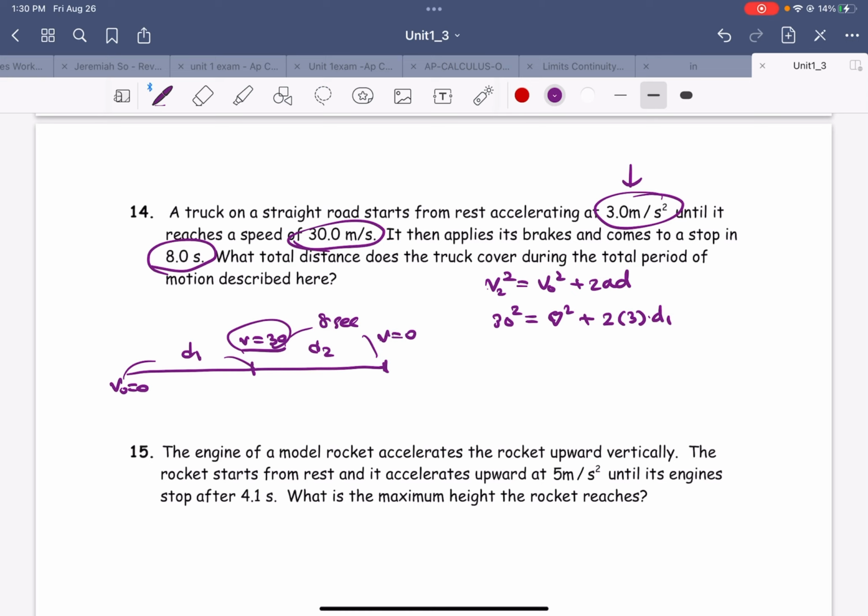That's 900 equals 6 D1. So D1, when you divide, is 150. So I got 150 meters here. I need to find D2. Let's use the same formula. Now final is 0. So 0 squared equals 30 squared plus 2 times the acceleration, which we don't know, times D2. What is the acceleration?